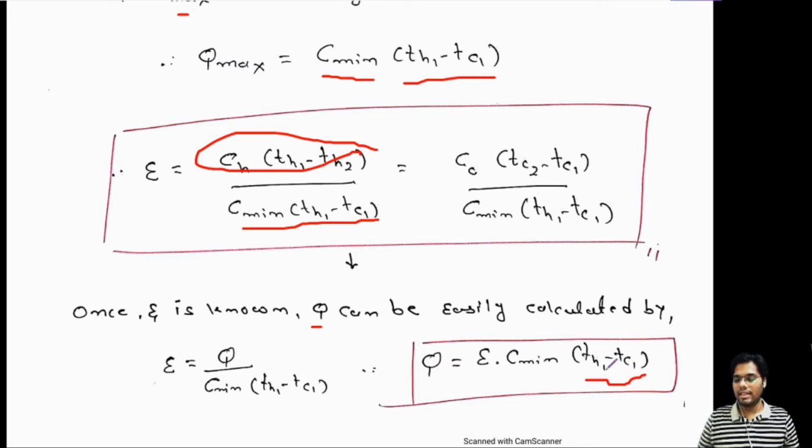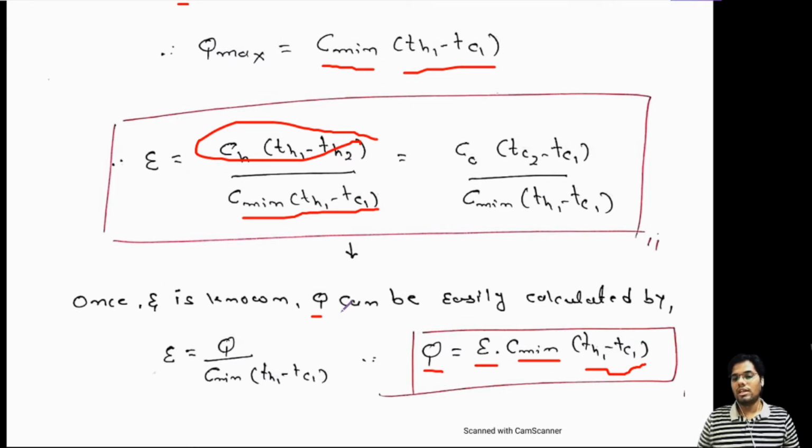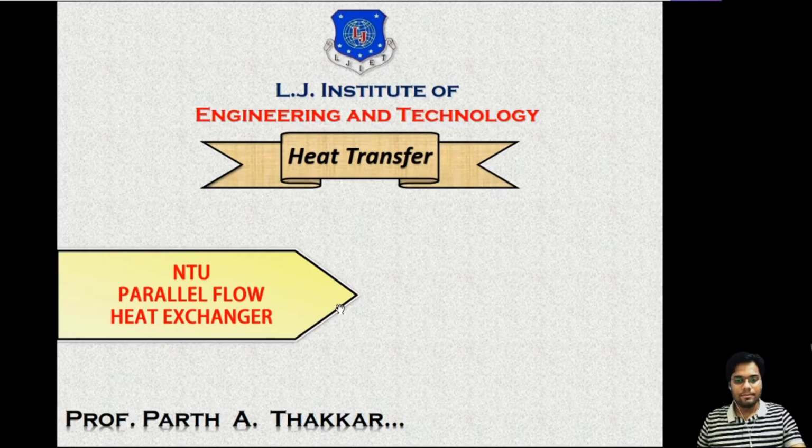So once the inlet temperatures, which are practically known to us, the effectiveness and the minimum heat capacity of hot fluid or cold fluid are known, we can find out the heat transfer rate for our heat exchanger. So this is the effectiveness. Now let's understand what is NTU, the number of transfer units, for a parallel flow heat exchanger.